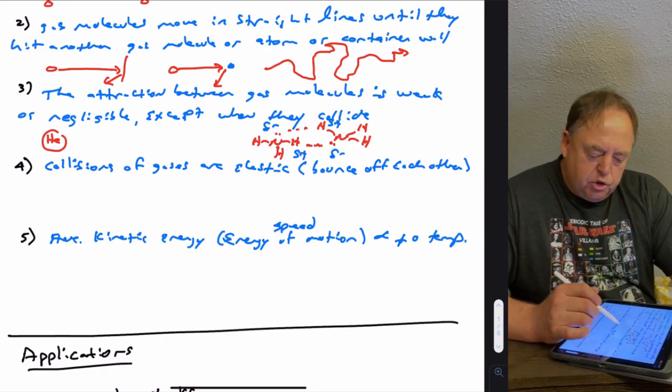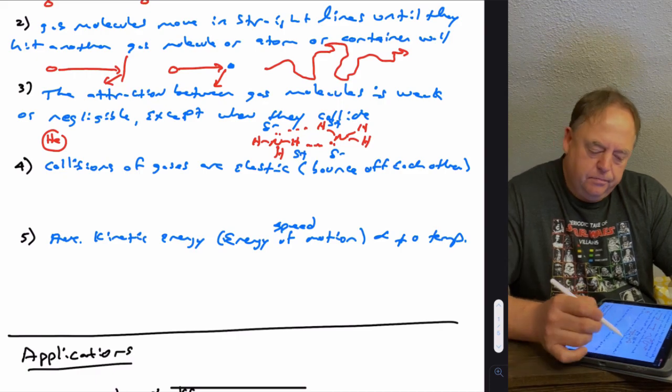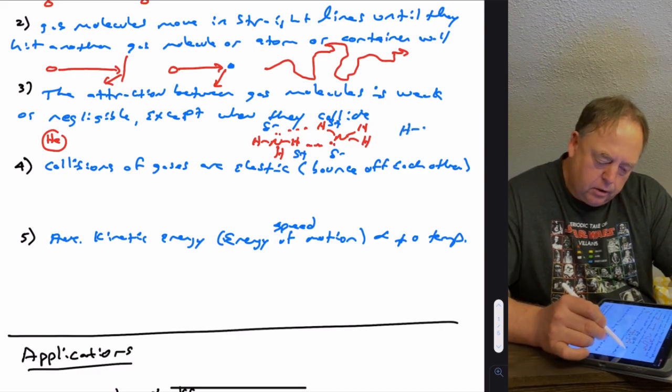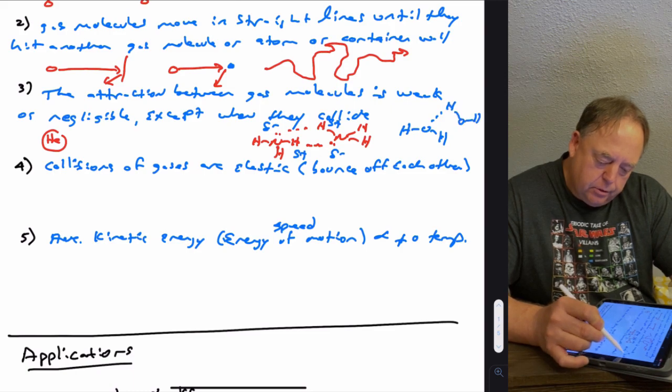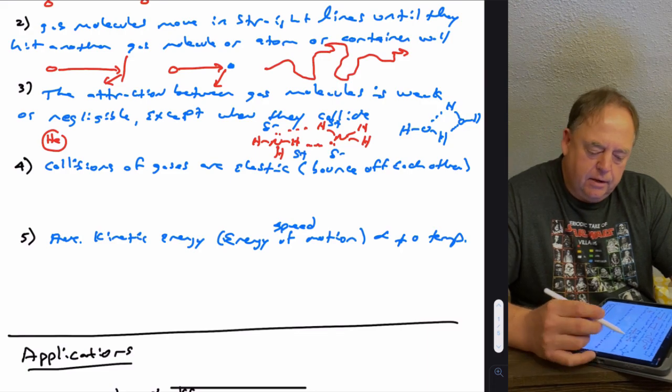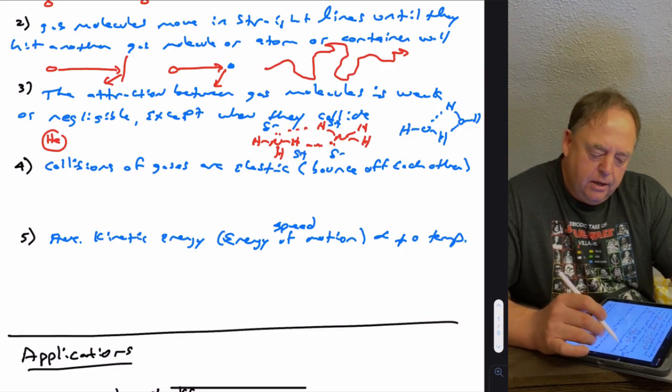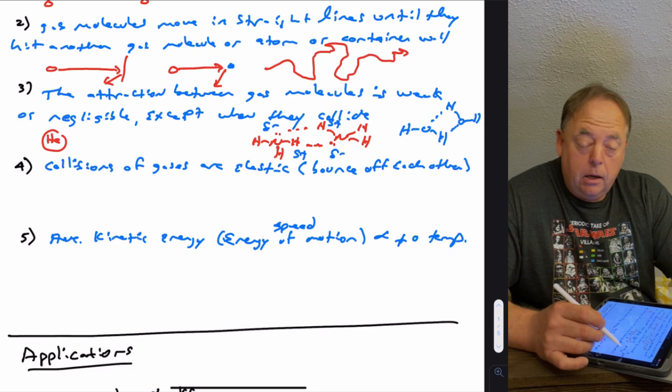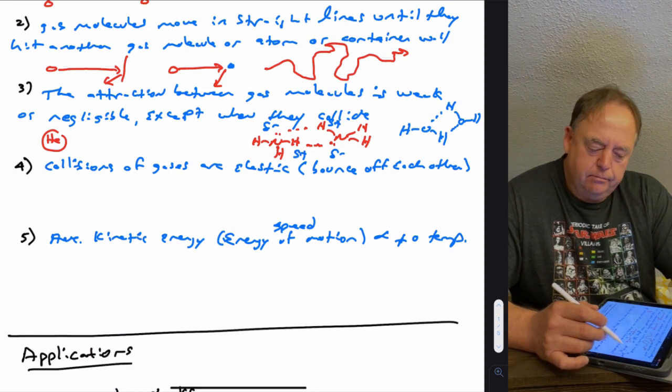But the attraction is not strong enough for the substance to be a solid or a liquid. That's not true for something like water. Water is a pretty small molecule, just like ammonia, but water is a liquid at room temperature and 1 atmosphere of pressure, because the attraction between water molecules is very substantial, because the hydrogen bonds are very strong.